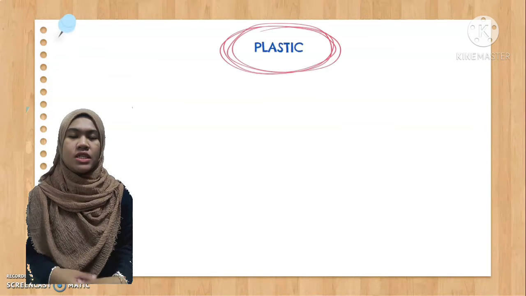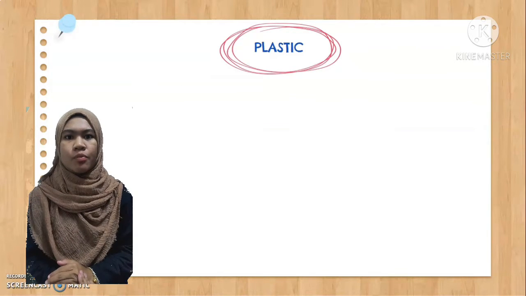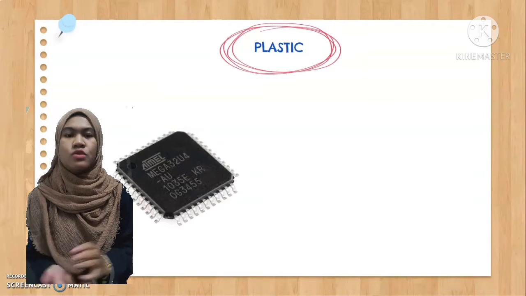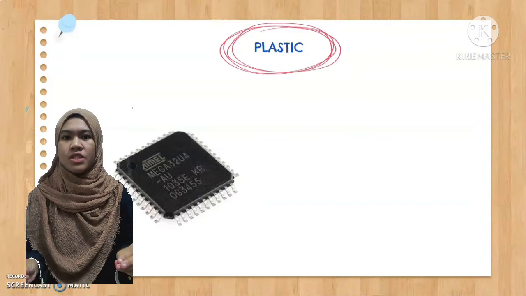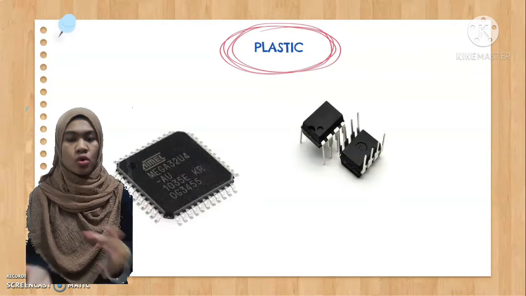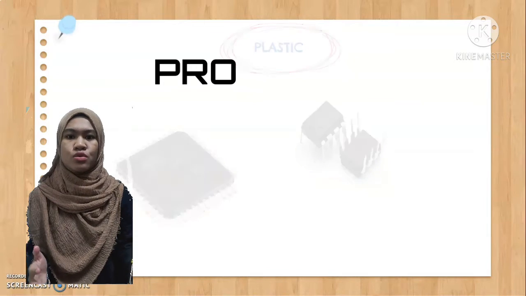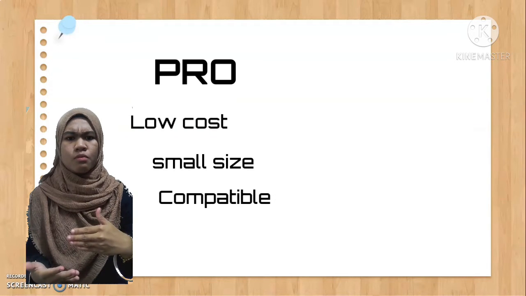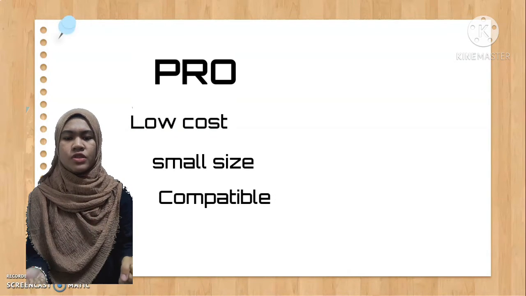In plastic packaging, the chip is encapsulated by a polymer, usually referred to as the encapsulant. Plastic packages are very popular in commercial applications because of their low cost and small size compared to metal or ceramic packages. Besides, it is also compatible with most standard board manufacturing processes.